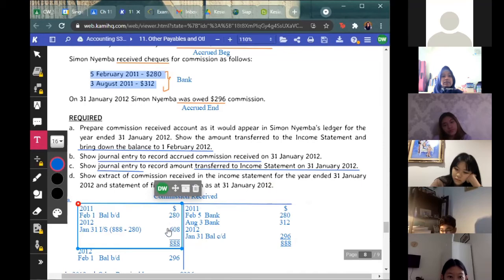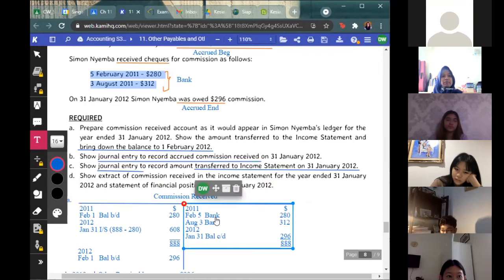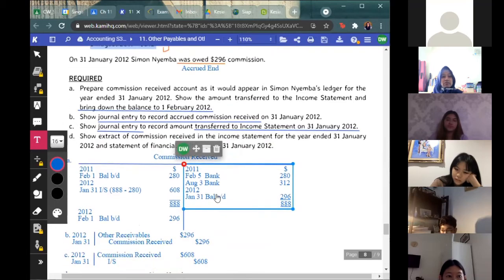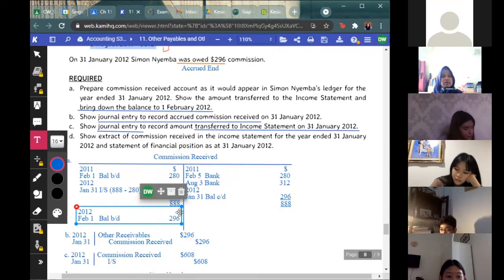Then I have 608. And then it is required to bring it down to the next accounting period, which is 1 February 2012. So I transfer this to the next accounting period. It becomes 2012, February 1, balance BD 296.